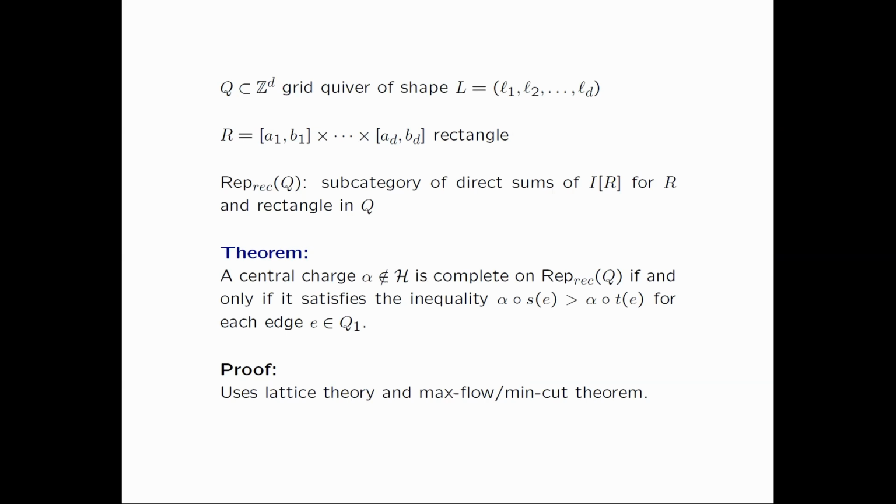It uses some lattice theory, but also something I was expected to learn, namely the max-flow min-cut theorem from combinatorics. And this is actually the main reason why, for example, we haven't tried to prove this now for other types.